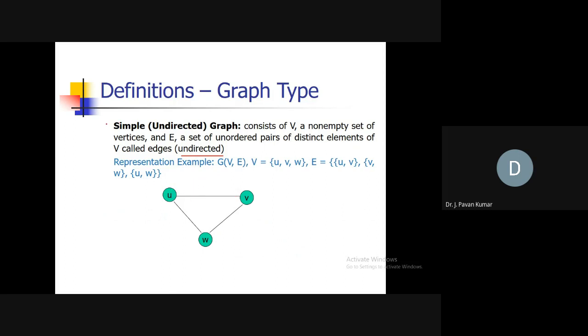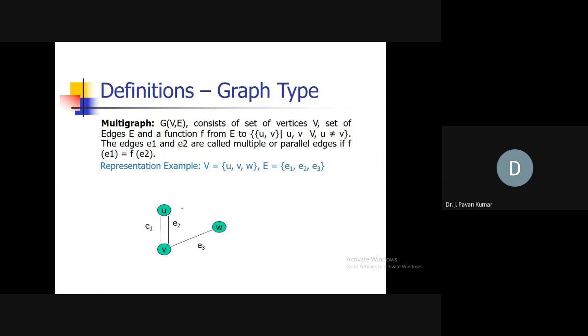Next, a multigraph is one where multiple edges are allowed, like e1 and e2 are the two edges between vertices u and v. Such kind of graph we consider a multigraph. If you don't have these multiple edges, then it can be considered a simple graph.